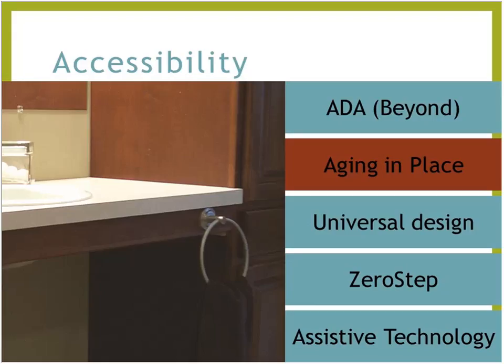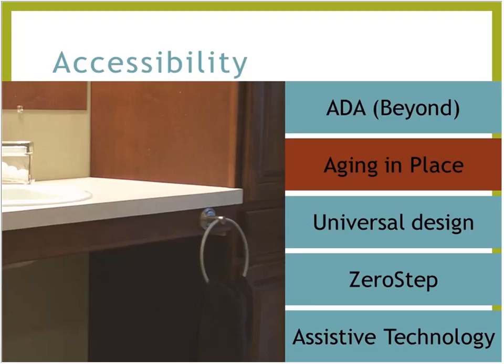Some of the terms out there are the Americans with Disabilities Act, ADA, which is the bare minimum you have to do on multifamily housing and commercial, and then there's terms called beyond ADA. Aging in place is designing a space for people to age in that space and not have to have it renovated or retrofitted.